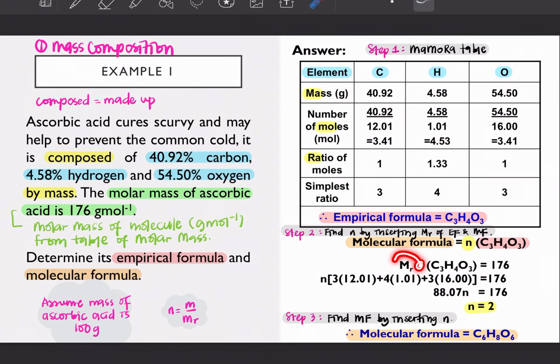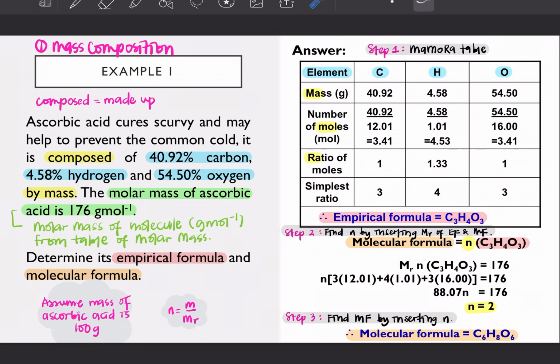Ini awak beri keluar supaya dia dekat luar bracket. So ini awak kira molar mass of your empirical formula. So 3 karbon kali dengan 12.01. Itu dia punya molar mass lah. So masukkan and then you will find your value of N. It will be equal to 2.